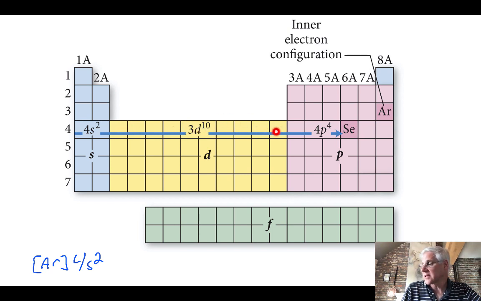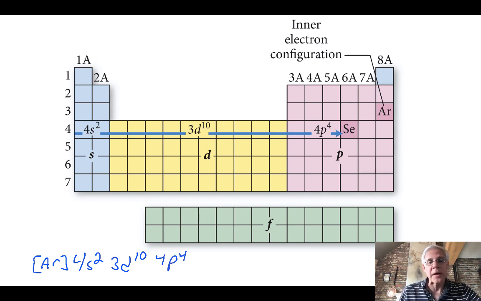So that's going to fill in 10 D electrons. So we're going to have 3d10, and then I've got to come over 1, 2, 3, 4. I'm back in the P block, and for the P block, our n value in front of the P is the same as the period, and I'm the 4th element over, so 4p4.